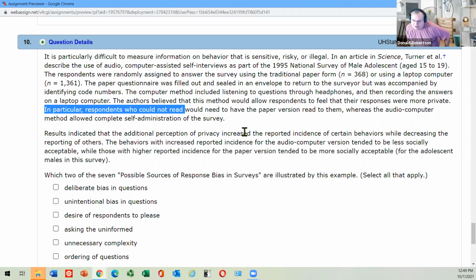Now, for the people who didn't need it read to them, I have a problem with them sticking a code number on the front of the envelope or on the document. Wouldn't you be happier if there was no code of any kind anywhere in this process? Now, on a computer, you don't need the code, right?